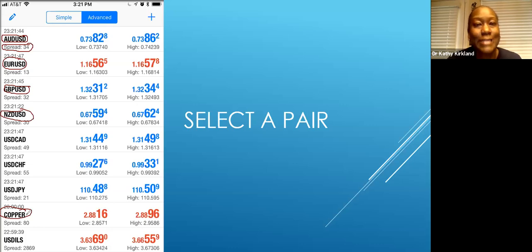The indices, gold, oil, which is indices are US 30, GER 30, NAS 100, all of those. Just substitute the word pair for those, and you will still be able to set the buy stop and the sell stop. The numbers will be different. The calculation of pips are different, but the concept of how to go through setting a buy stop or a sell stop is the same. Okay.